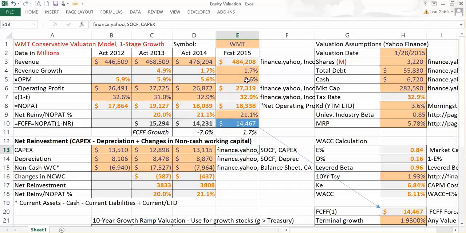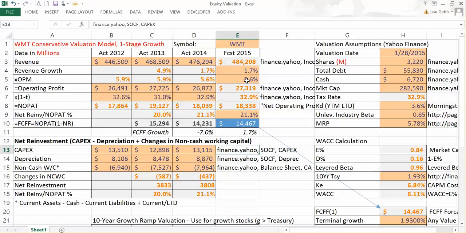Let me just walk you through how I got this net reinvestment. How much of the profits do they have to plow back into the business? In 2013, they had 13 billion of capital expenditures, or CapEx. If I go to my Yahoo Finance statement of cash flows, CapEx would include purchasing or refurbishing buildings and buying new equipment.